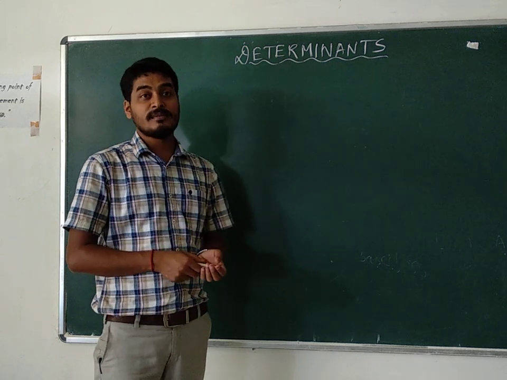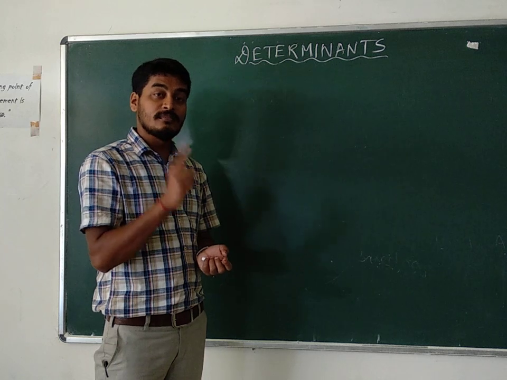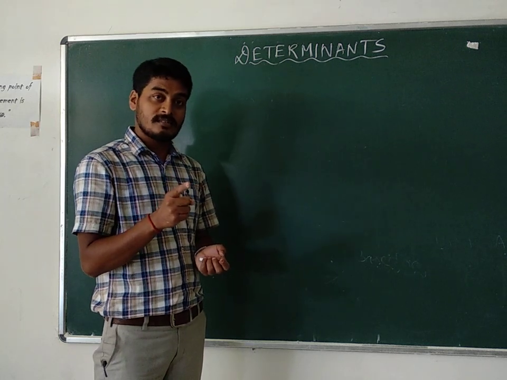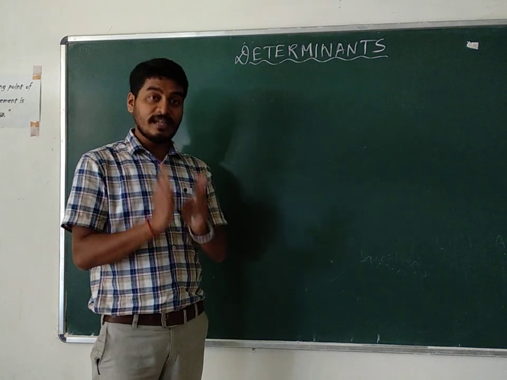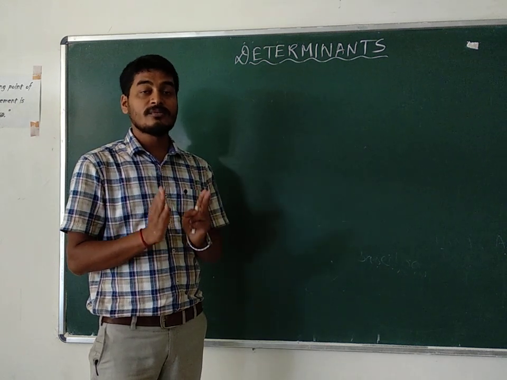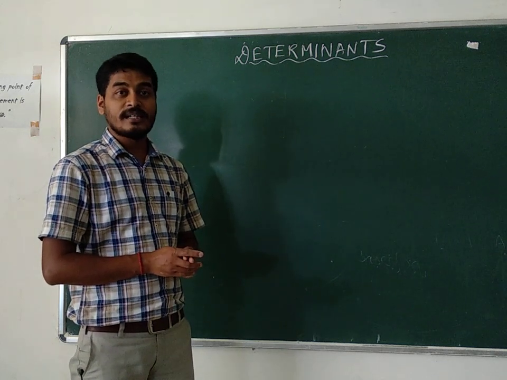That value is known as the determinant. So a determinant is a number, real or complex, associated with a square matrix. That means we can find the determinant of a square matrix only. We cannot think about the determinant of a rectangular matrix.